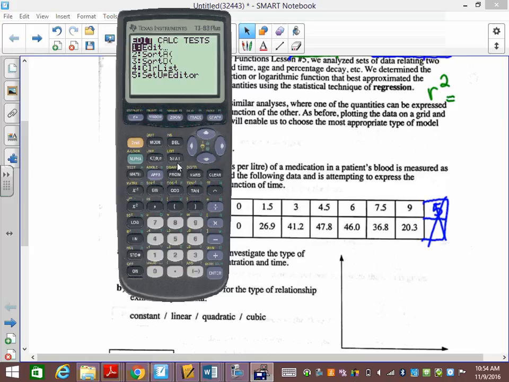Okay? So we're going to go stat, and then we want to calculate a regression. So we're going to go over to calc. Now, the only 3 we're going to use for this unit are 4, 5, and 6. 4 is linear, 5 is quadratic, 6 is cubic. Now, if you look down here, there's this linear backwards one. Don't touch it. There's ln reg, which we will do for logs, but none of that right now matters.